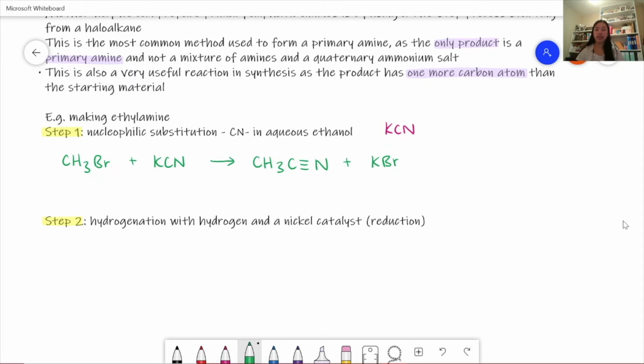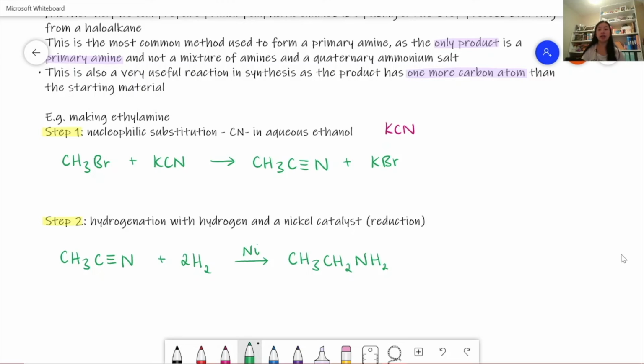So we have this CH3, C triple bond N, and this will react with 2 hydrogens, using a nickel catalyst, to form CH3, CH2, and then NH2. So this is the primary amine that we were looking for, ethylamine.